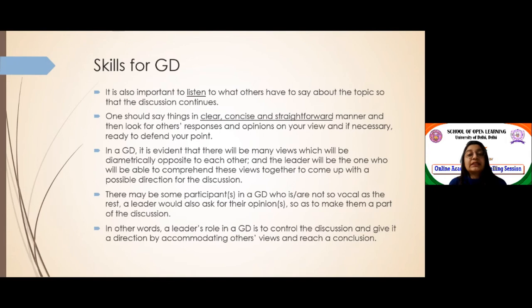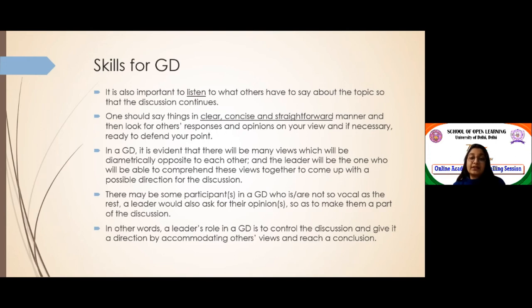Then one should say things in a clear, concise, and straightforward manner, and then look for others' responses and opinions on your views, and if necessary, be ready to defend your point, the opinion that you have put forward.